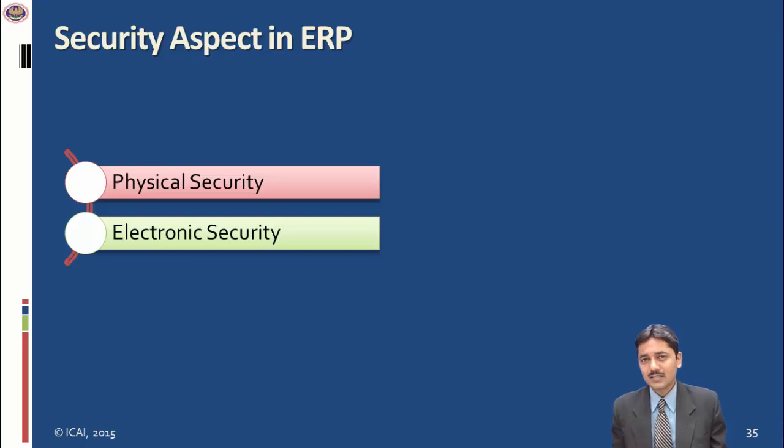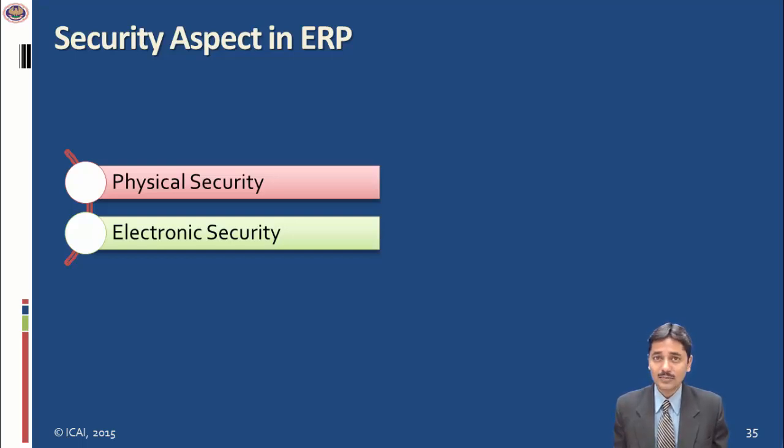In the first chapter, about concepts in ERP systems, we studied that there are two types of systems: a centralized system and a decentralized system. In a decentralized system, electronic security is not so important because every department maintains its own data. The purchase department has its own set of data, the sales department has its own set of data, so there is no concept of accessing the data of other departments.